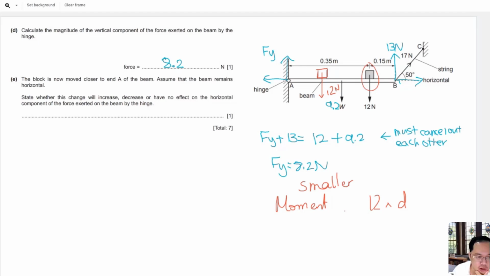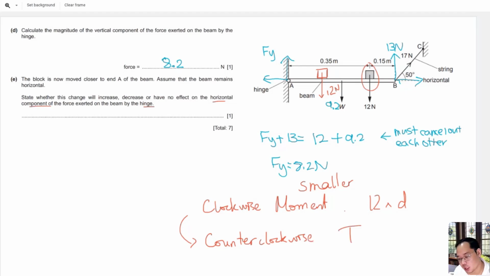The horizontal component of the hinge, smaller moment, and this is the clockwise moment, and therefore the counterclockwise moment of the tension, which is the only counterclockwise moment. Okay, the moment of the tension, T now, times the distance x. The distance x that I drew last time is this distance, x here.